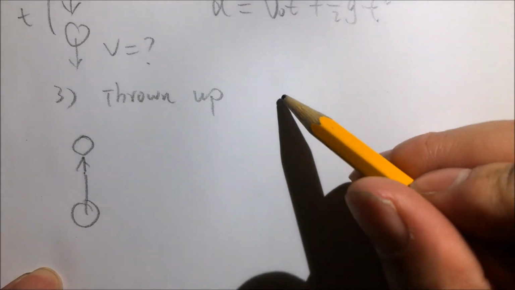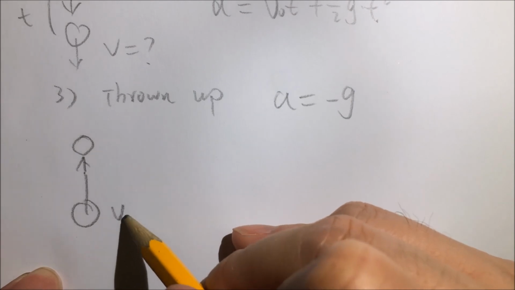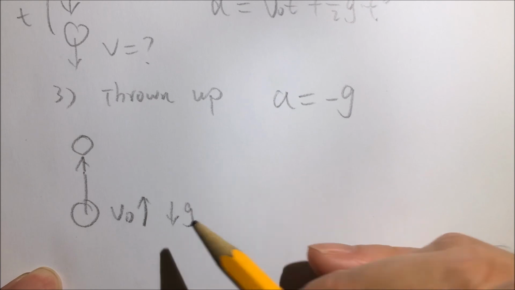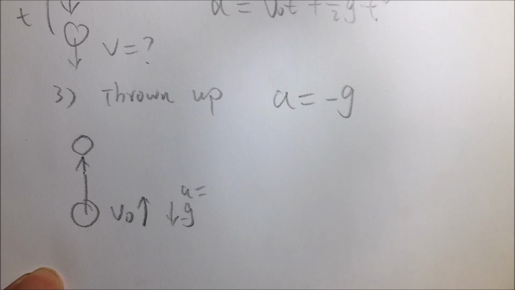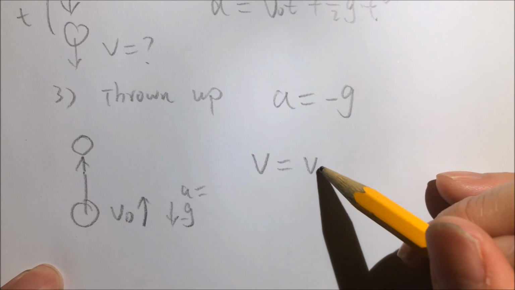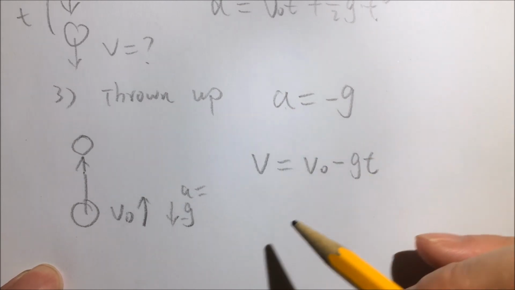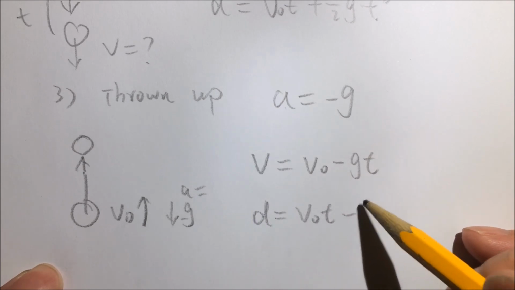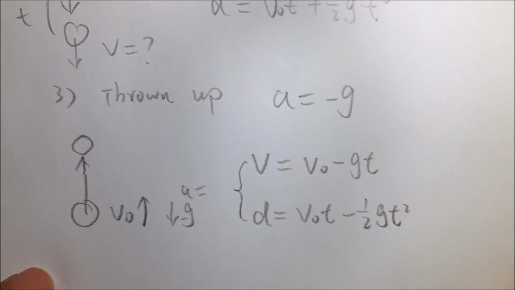So the acceleration is actually minus g, because if you have initial velocity going up, the acceleration is trying to get it down, which is a equal to minus g. So the equation will be v equal to v0 minus gt, because a equals minus g. And the distance will be v0t minus 1/2 gt squared. Those are the equations for throwing up.